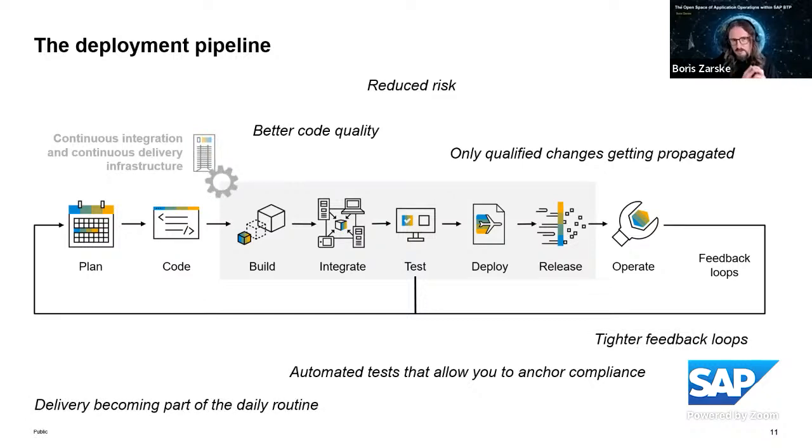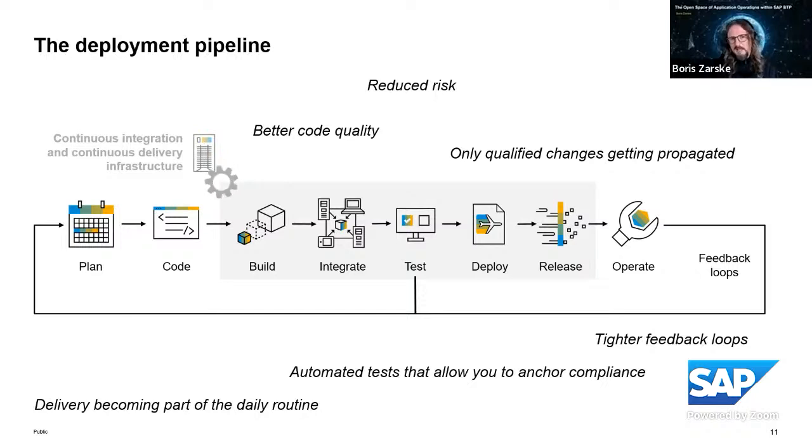With that, you have reduced risks instead of piling up a lot of changes with a lot of interdependencies. As you can foster that automated test cases are part of the pipeline and only those are considered to be propagated, you make sure that only qualified changes get propagated. And with that, you can also increase overall code quality. And as you get direct feedback on the outcome of your changes, you have tighter feedback loops.